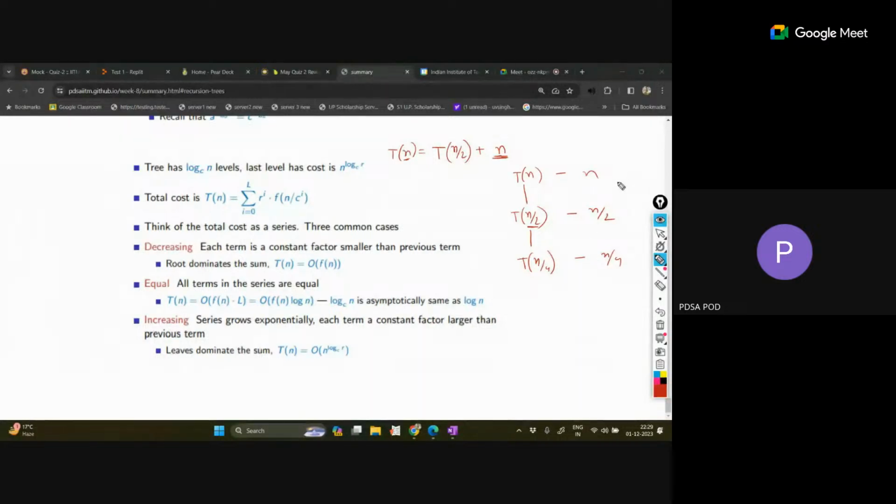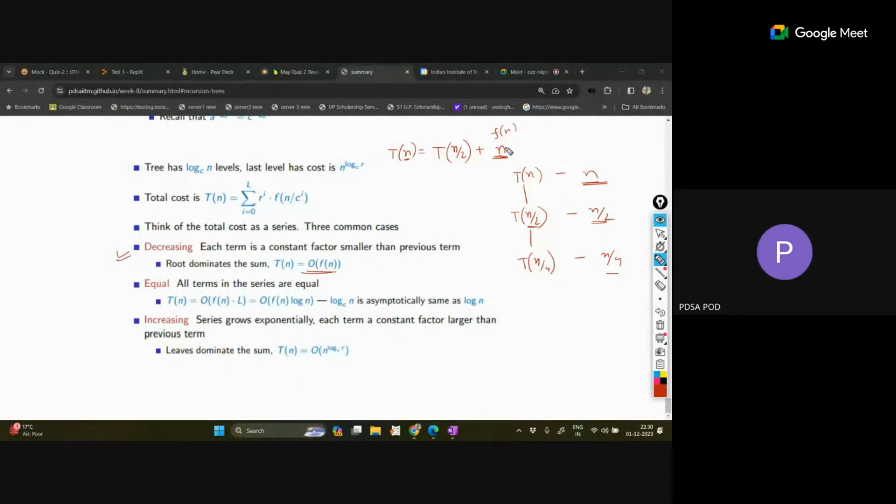Here you can see that at each level the size is decreasing. At this level it is n, then n by 2, then n by 4. So it is decreasing by a fixed factor. This is the decreasing case, so we can directly write the complexity T(n) equal to big O of f(n). What is our f(n) value?